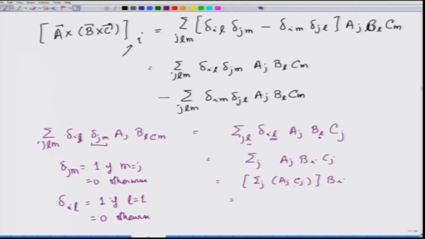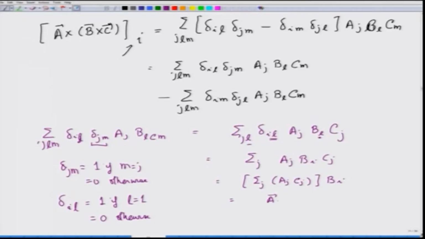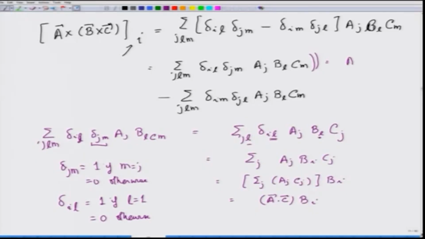Summation j a j c j, which is a 1 c 1 plus a 2 c 2 plus a 3 c 3, is nothing but A dot C b i. So, you can see that the first term is nothing but A dot C b i. Similarly, I leave it for you, you can show that the second will come out to be A dot B c i. So, you can see that the ith component of A cross B cross C is nothing but this dot product times b i minus this dot product times c i.